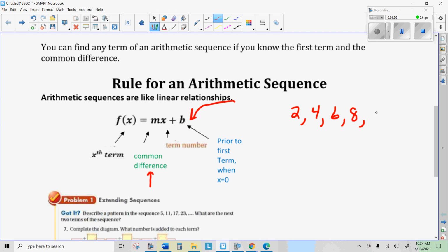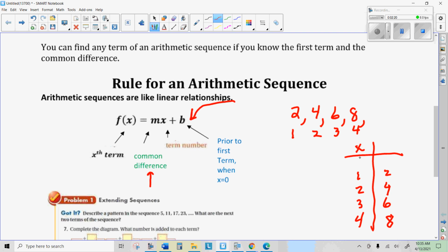We're adding 2 every time, right? But if we were to make a table of values and create an equation for this, x would be our term numbers. So this is our first term, this is our second term, this is our third term, this is our fourth term. So right now we have the first 4 terms: 2, 4, 6, and 8.